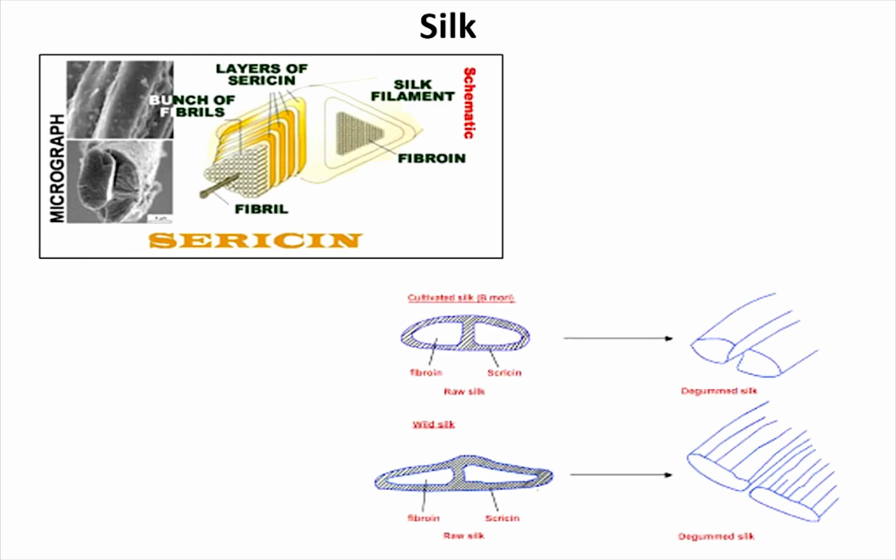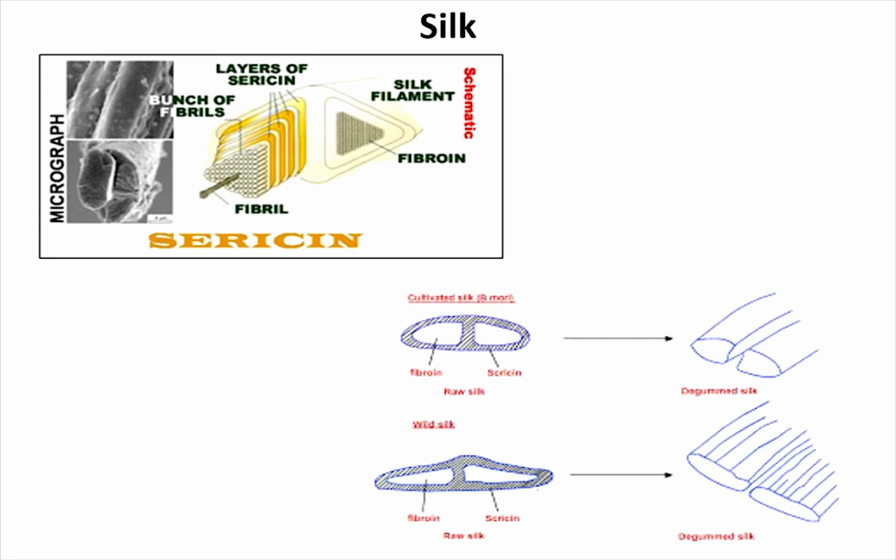See this picture. Silk is made up of fibrils, and this is the structure of the fibroin. Fibroin is composed of fibrils, and two fibroins are attached with a sericin gum.